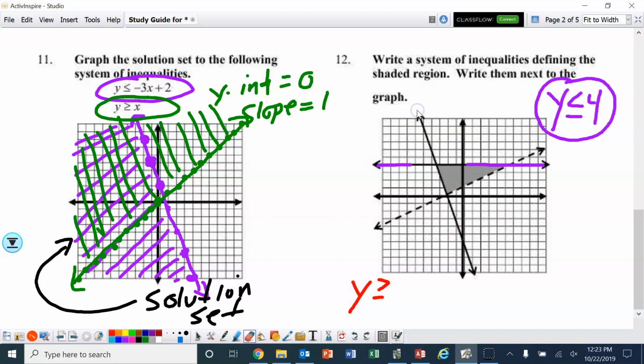So let's see. It looks like it's going down 1, 2, 3 over 1. So if I start here and I go down 3 there, down 3 over 1.